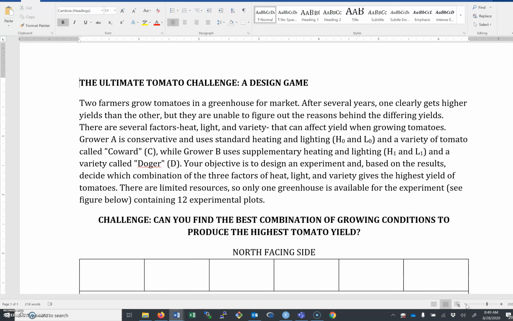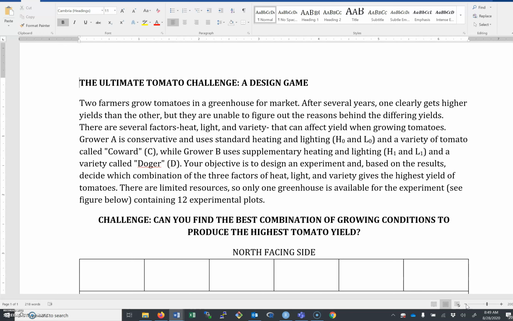Two farmers grow tomatoes in a greenhouse for market. After several years, one clearly gets higher yields than the other, but they are unable to figure out the reasons behind the differing yields. There are several factors that can affect the yield when growing tomatoes: the amount of heat, the amount of light, and the variety, like the type of tomato plant. Grower A is conservative and uses a standard heating and lighting setting, considered levels H0 and L0.